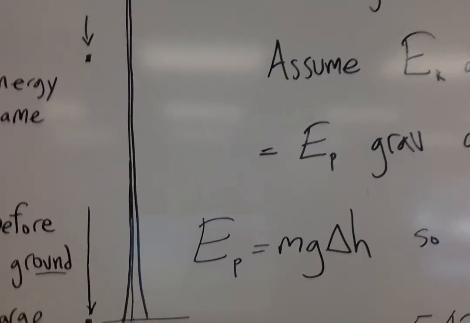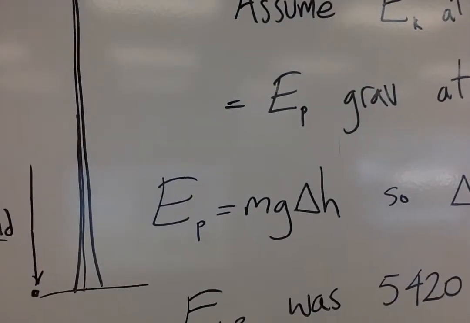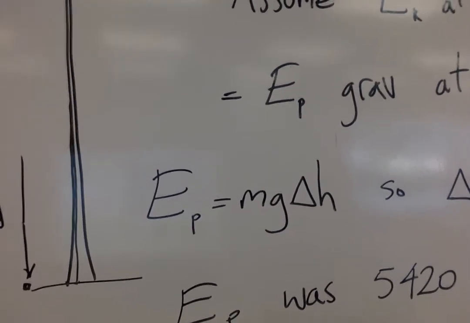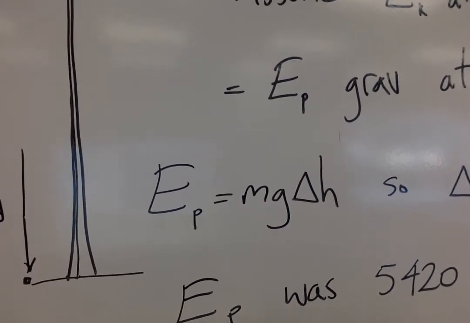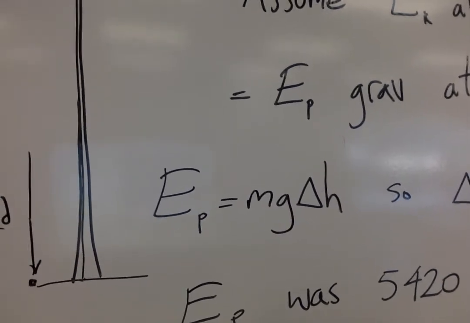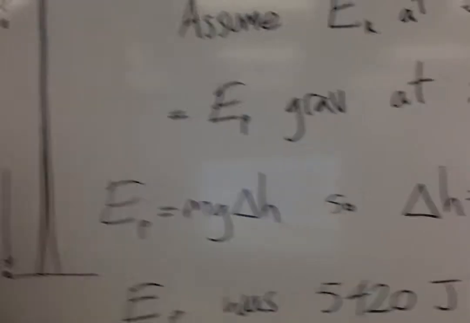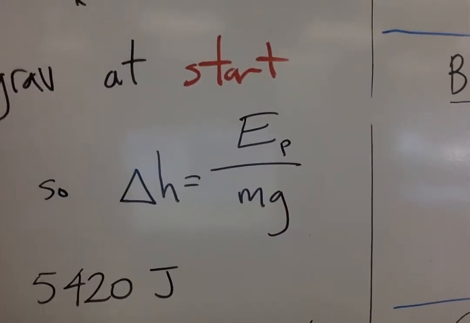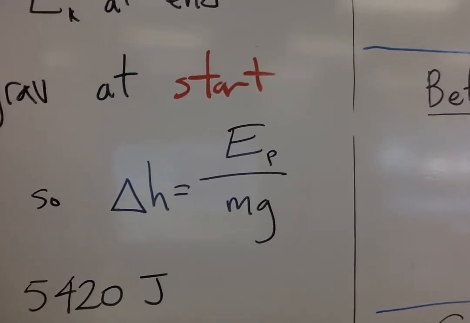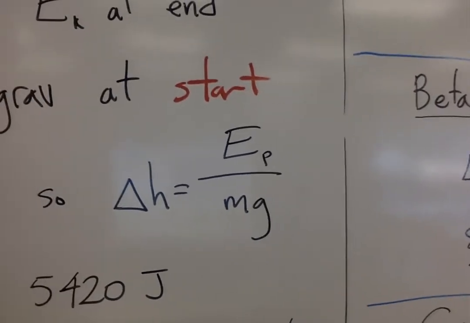We can say that our equation is this for gravitational potential energy, because that's what I've told you. Gravitational potential energy is mass times acceleration due to gravity times the difference in height, in this case, the height of the tower. On the formula sheet, I told you you could rearrange that equation. Height is gravitational potential energy divided by mg.